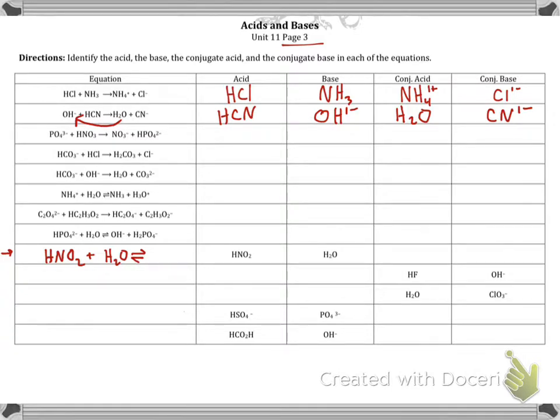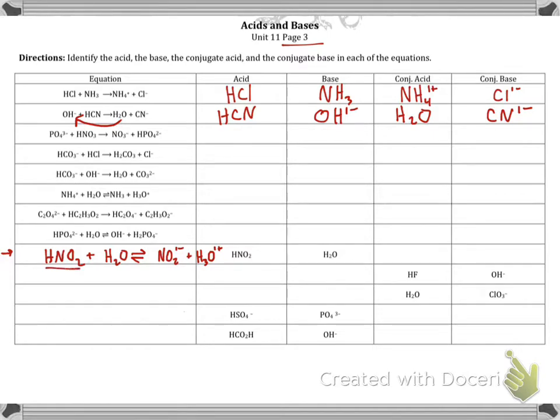And so if the HNO2 is the acid and it's losing the hydrogen, that means it's going to become NO2 1 minus. Now the H2O is gaining a hydrogen to where it becomes H3O, and because the hydrogen is a positive ion and it's gaining that positive ion, it becomes a 1 plus.